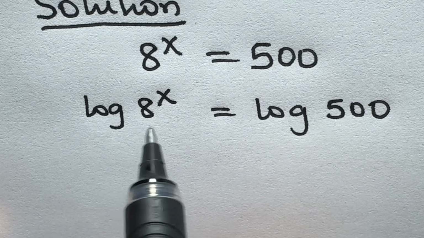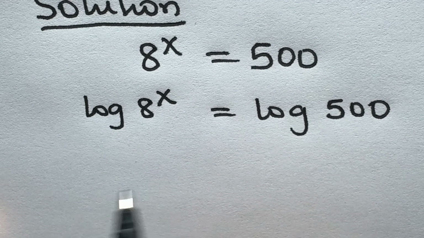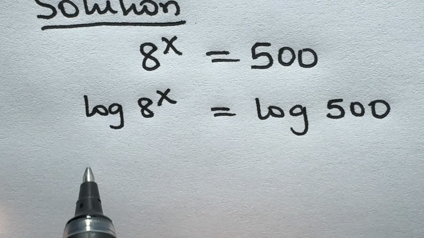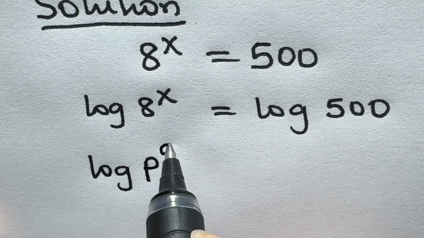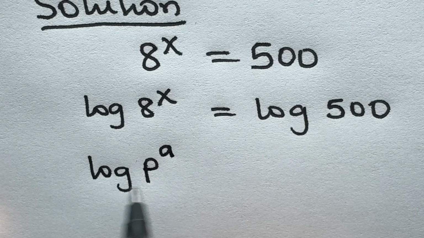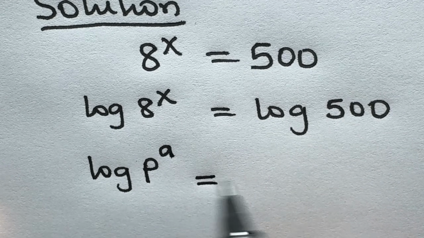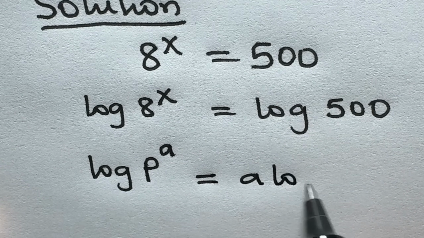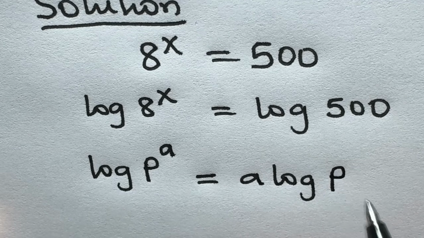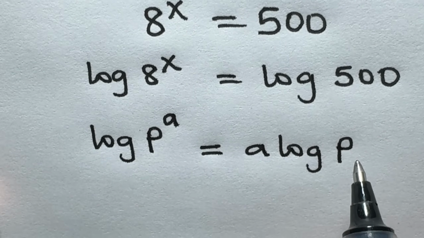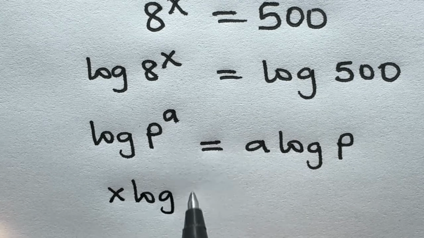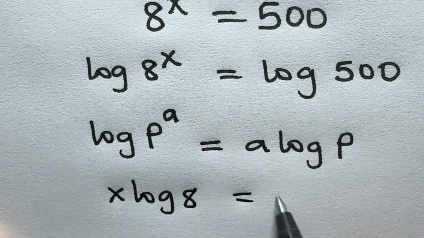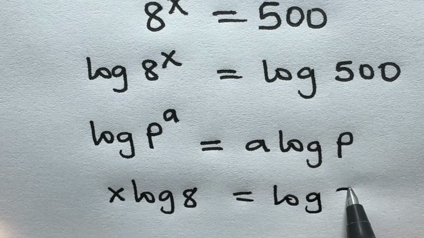By law of logarithm, the left-hand side expression, which is of the form log p raised to power a, can be expressed as a times log p. Therefore, this becomes x times log 8 is equal to log 500.